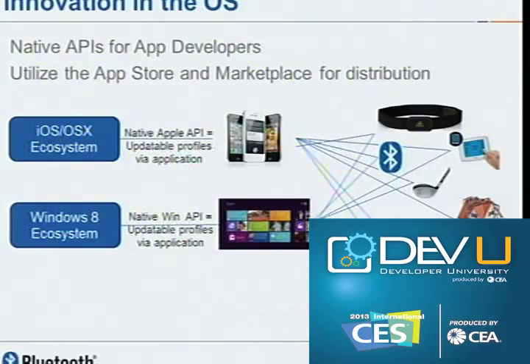They provide a native set of APIs for app developers, and it allows you to take your application, utilize their app store and the marketplaces for distribution. So Apple's all in on that, Windows 8 is all in on that, and you can read in the marketplace, although there's no specific announcements about it, that other operating system platforms are moving down the same path.